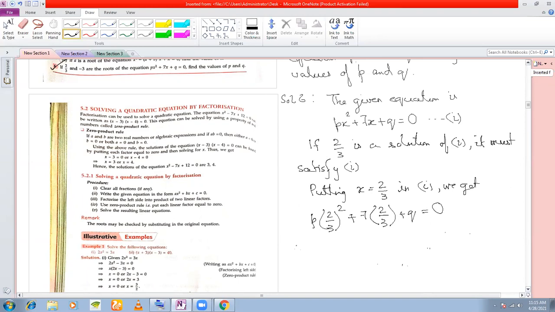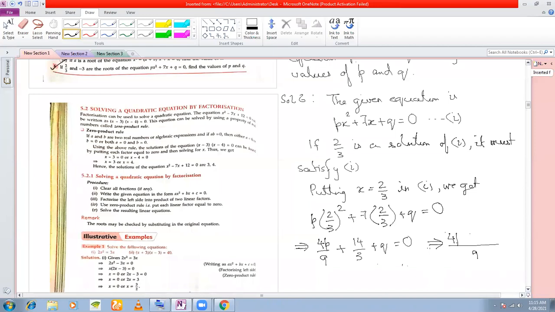Now you just simplify this, okay? So you get 4p by 9 plus 14 by 3 plus q equal to 0. I take the LCM. LCM here is 9.